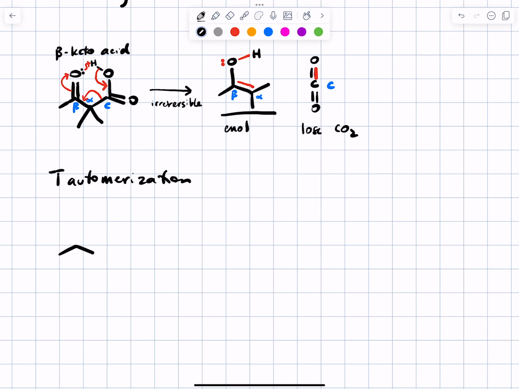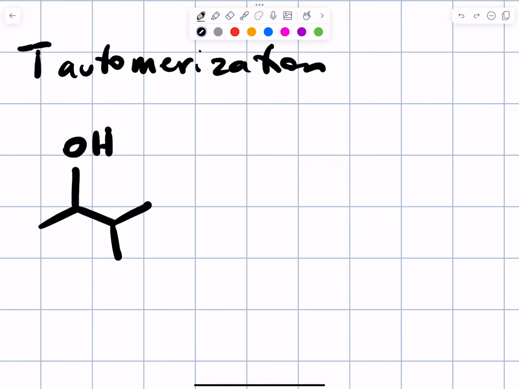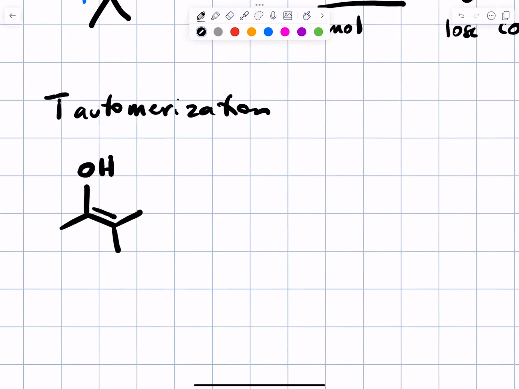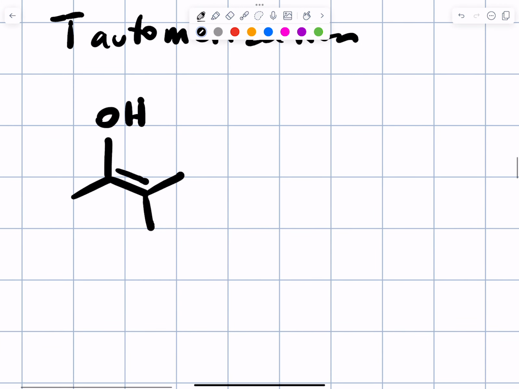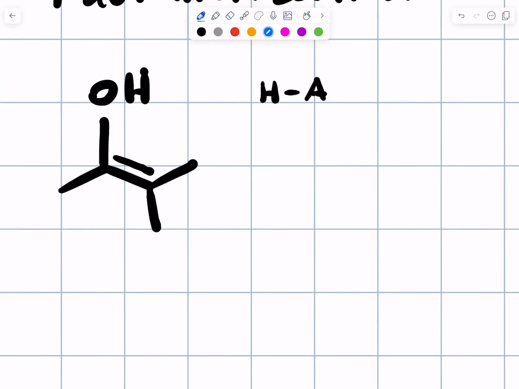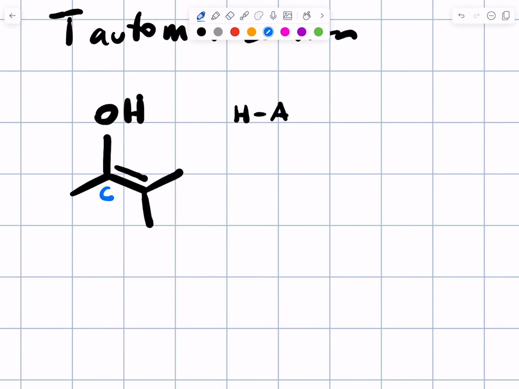You've seen tautomerization before. You can actually do tautomerization under acidic or basic conditions. For this synthesis that we're doing, it's under acidic conditions. So the best way to do the tautomerization is this. Here's the acid. We're going to protonate on the alpha carbon. So now that we've got this enol, this is the carbonyl carbon, this is the alpha carbon.